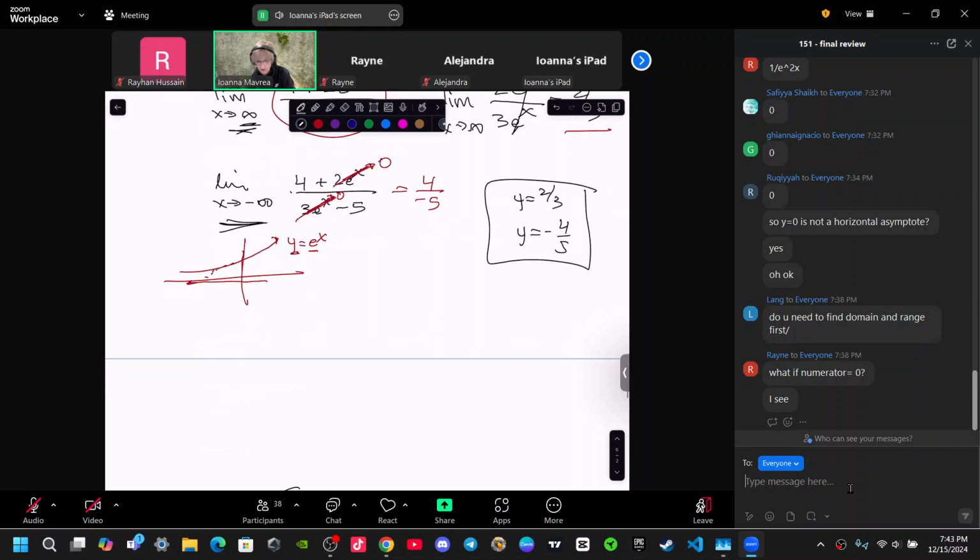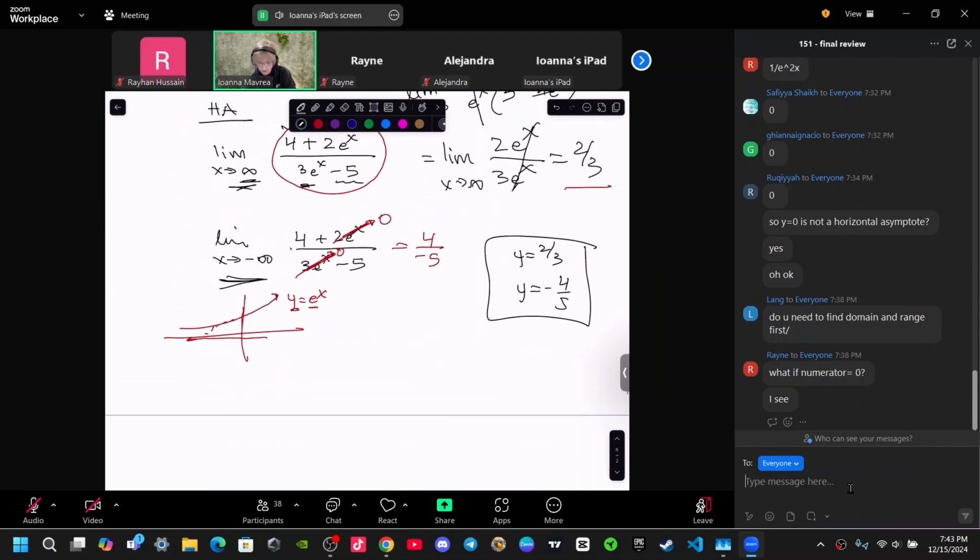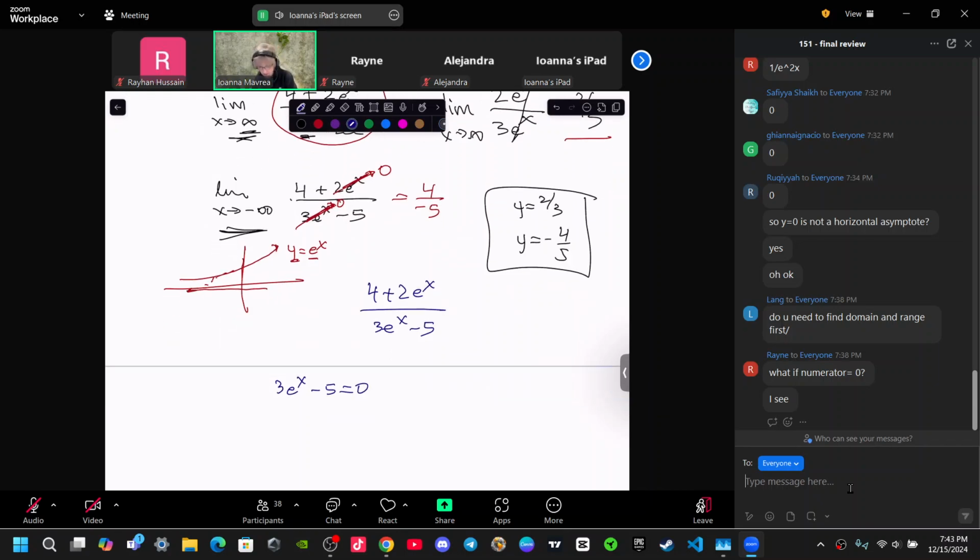Okay. And you also have, in this case, a vertical asymptote, because again, you can't simplify numerator and denominator, but you can take the denominator and set it equal to 0, and you can get an x that will do that.